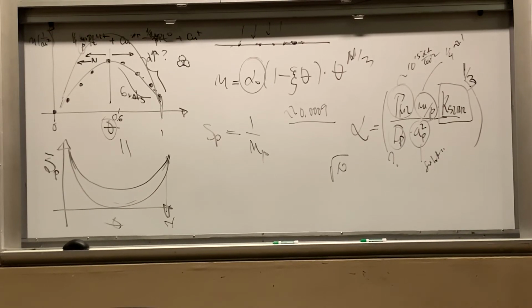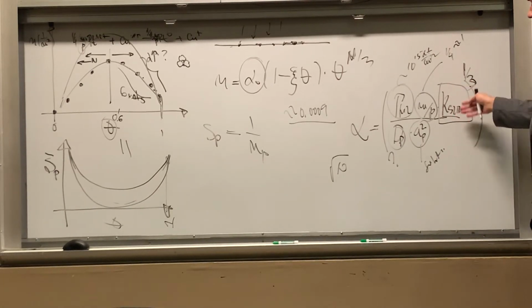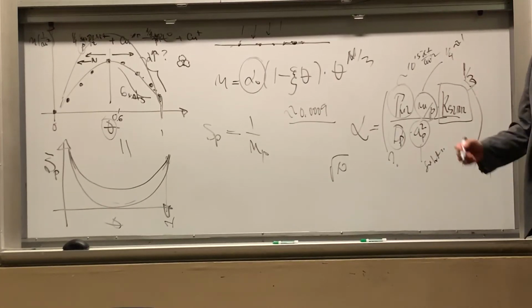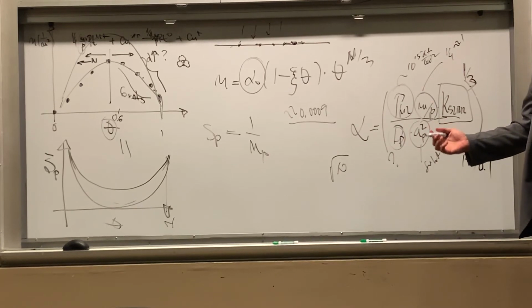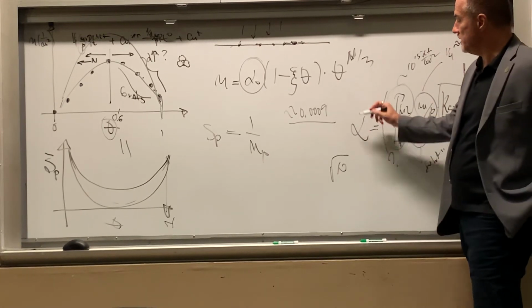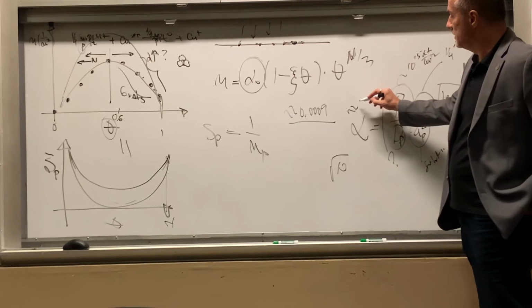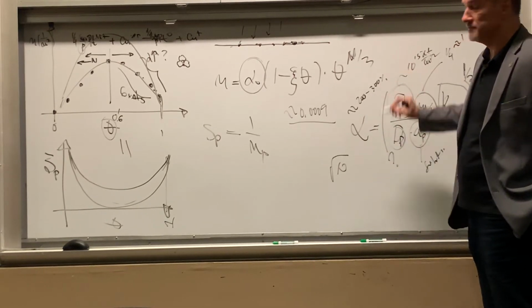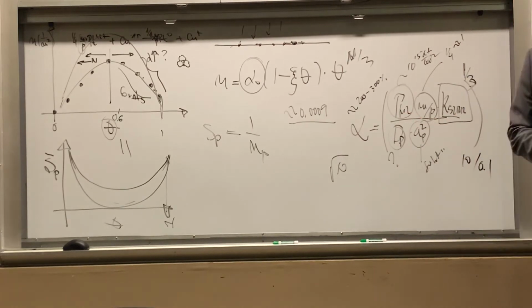So if I change something here by 10 times, or decrease 10 times, because it's a third root, the net change in terms of alpha will be of the order of 200 to 300%, right? 2 to 3 times.